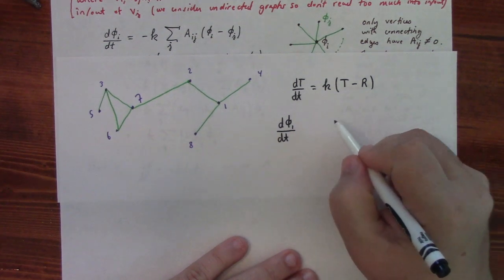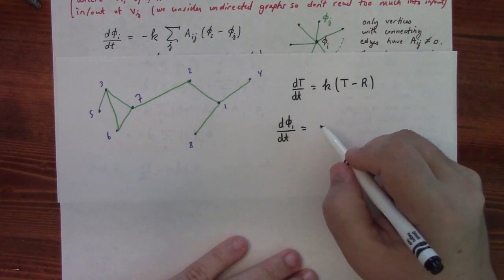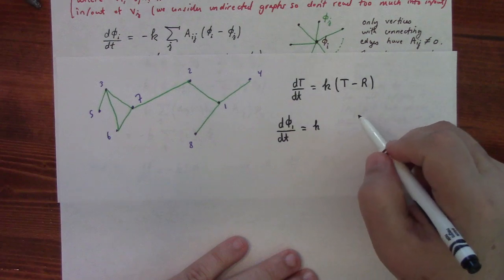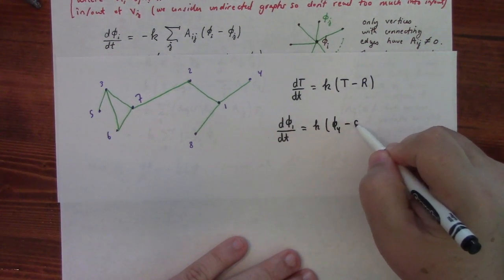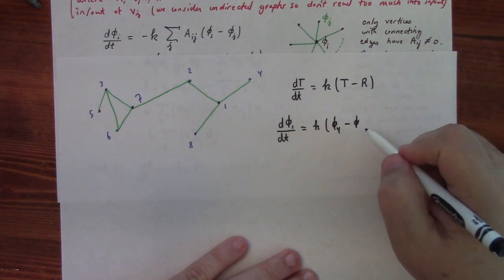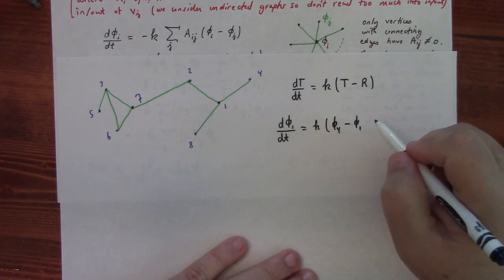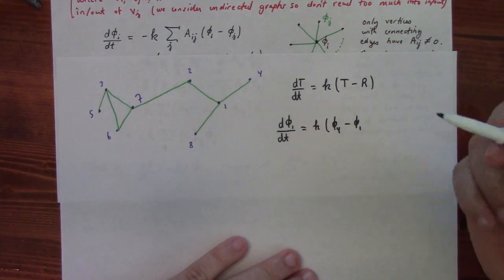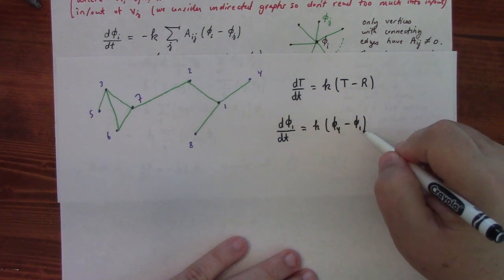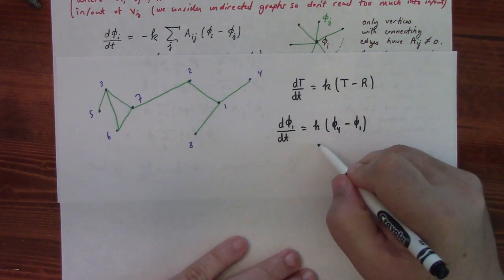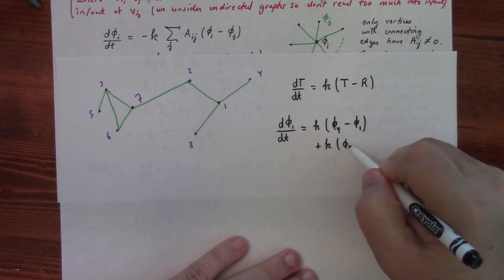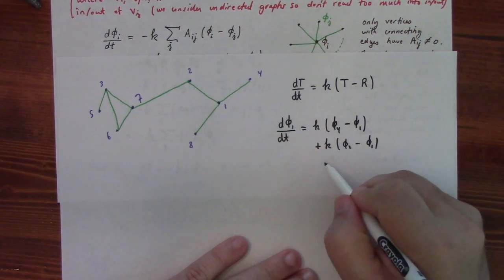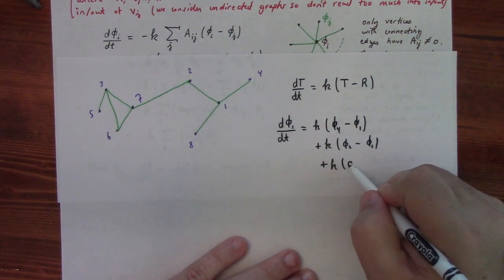So d phi/dt would be something like k times (phi 4 minus phi 1), assuming the edges are weight 1, plus k times (phi 2 minus phi 1), plus k times (phi 8 minus phi 1).